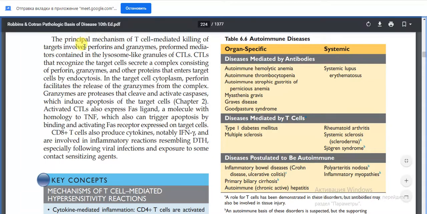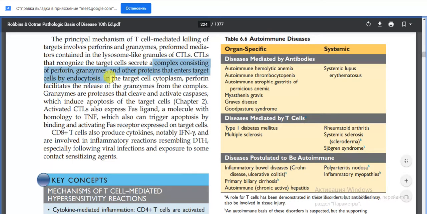Okay, the principal mechanism of T cell mediated killing of targets involves perforins and granzymes. I remind you that in cytotoxic T cells we have perforins and granzymes, and their main function is perforation of the cell membrane of our own cells or bacterial cells or any antigen bearing tissue. They secrete a complex consisting of perforin, enzymes, and other proteins that enters target cells by endocytosis.